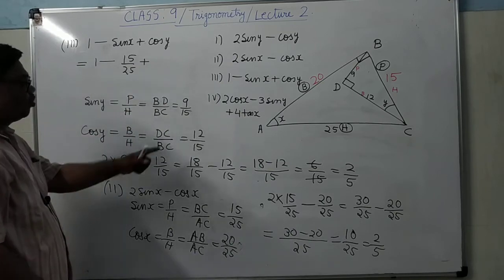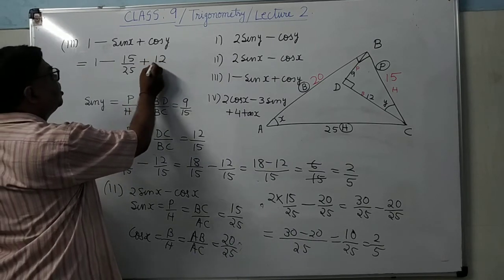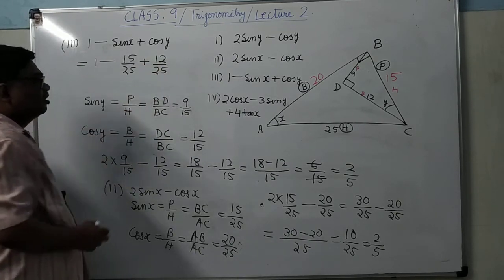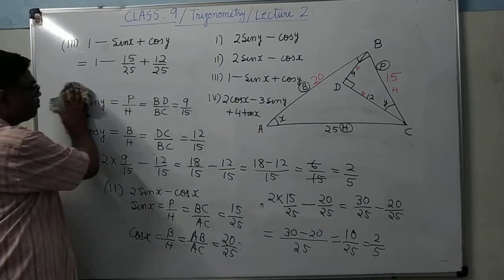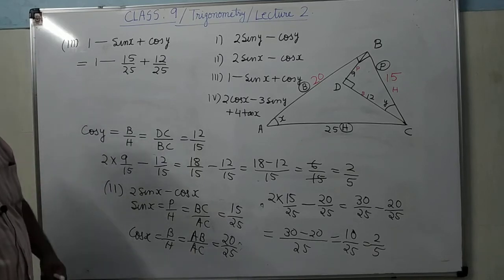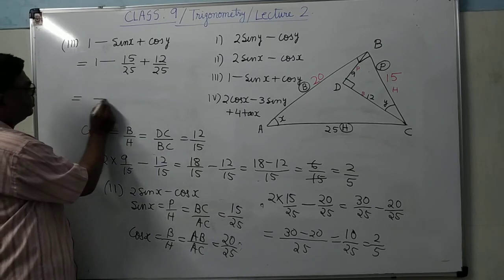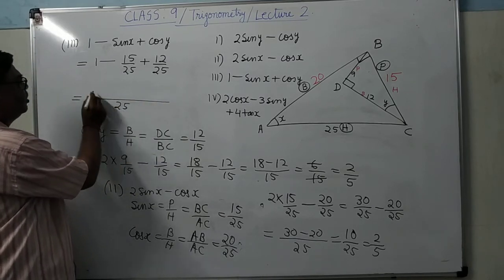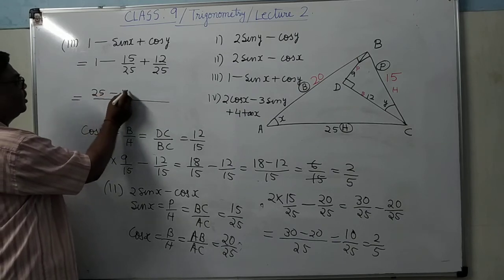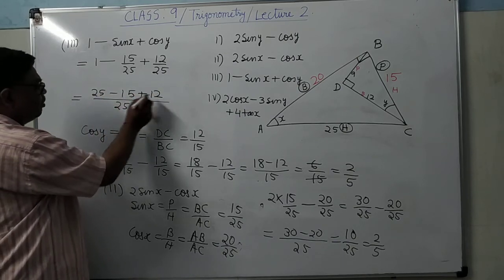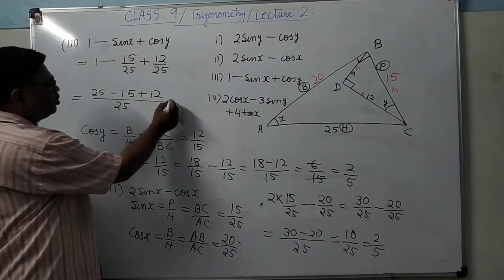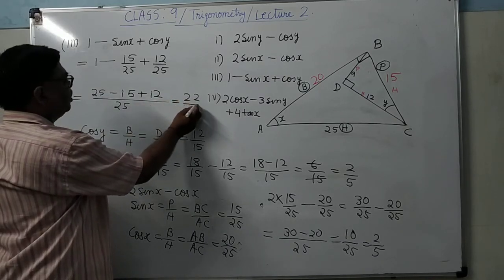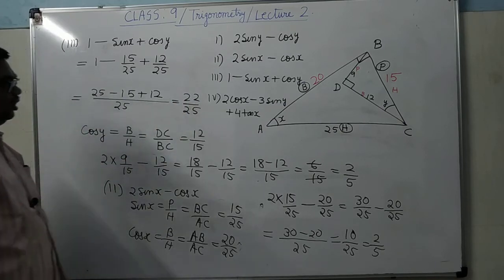Plus cos y, 12 upon 25. Now you simplify this. What will be LCM? 25. So this is 25 minus 15 plus 12. What is 25 minus 15? 10. 10 plus 12, 22 upon 25. This will be the value.